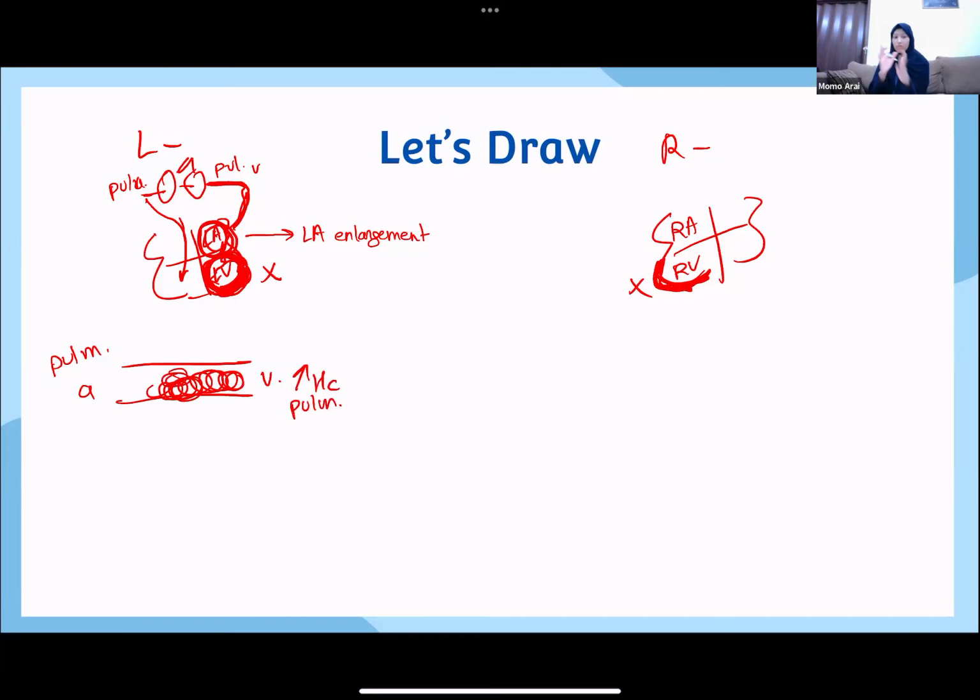So you have more blood in the pulmonary arteries and veins. That means more hydrostatic pressure due to Starling forces, so you have more filtration. Here the fluid goes out into the lungs. This is called edema, as you guys know, but in the lungs. So that's why it's called pulmonary edema.